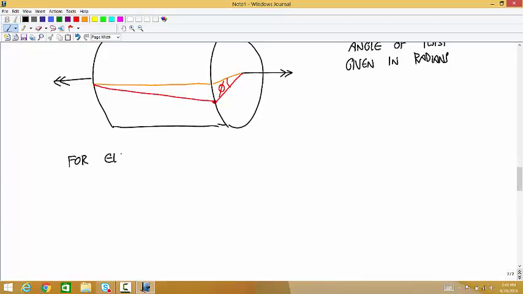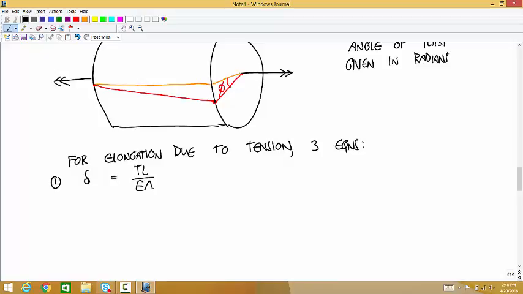For elongation due to tension, we had three equations. We had one for all constant values, delta equal to TL over EA. Then we had one for piecewise constant values.